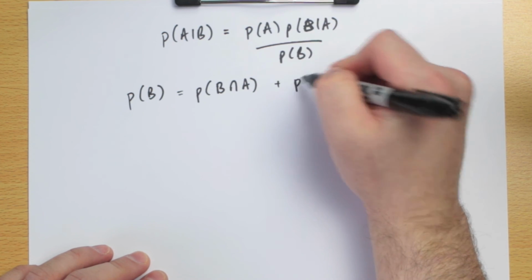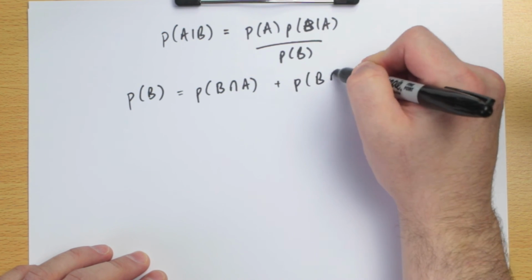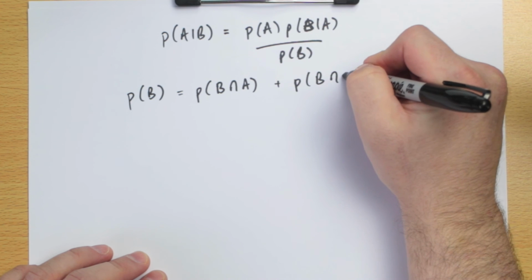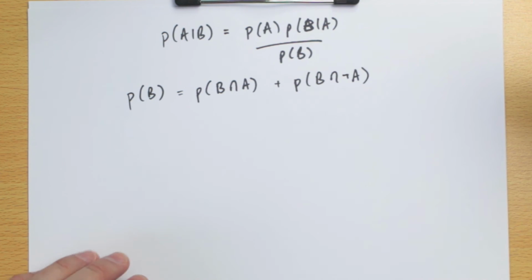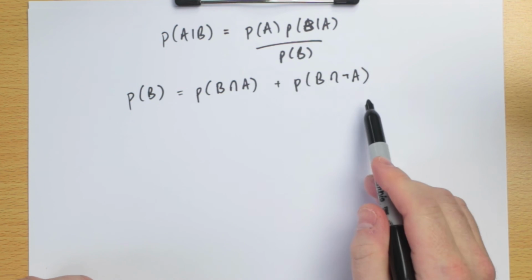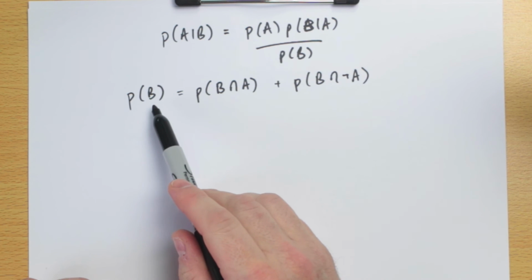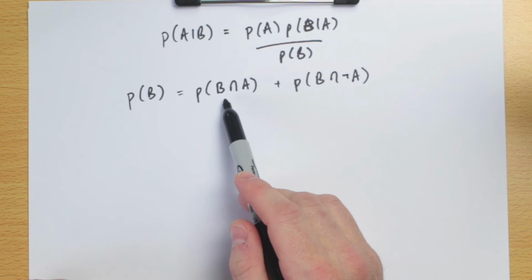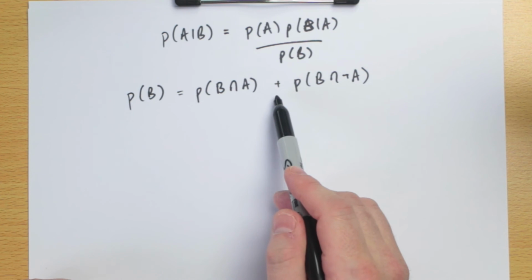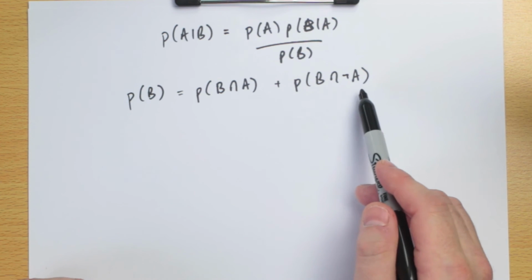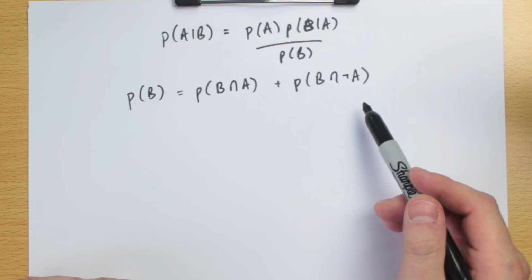And sometimes B intersects with not A. Okay, so this line here is just saying, well, what's all the different ways that this event B can happen? It happens when A happens, or, so I'm adding, it happens when A doesn't happen, okay?